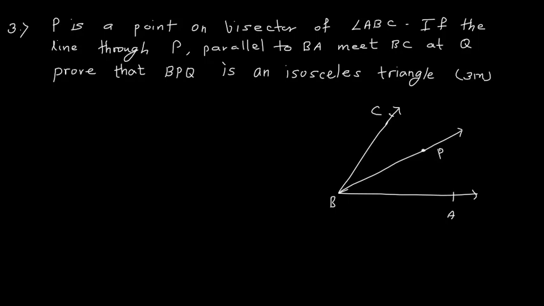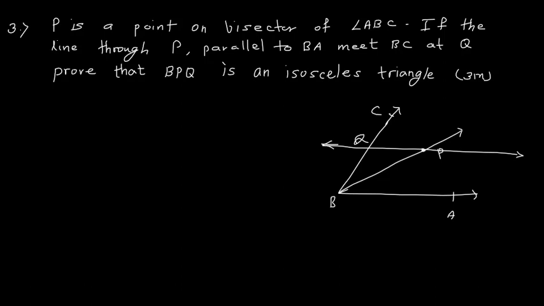Through point P, a line parallel to BA, so parallel to BA, I will draw a line. The line will go something like this. It meets BC at point Q. So this is point Q. We have to prove that this BPQ is an isosceles triangle.